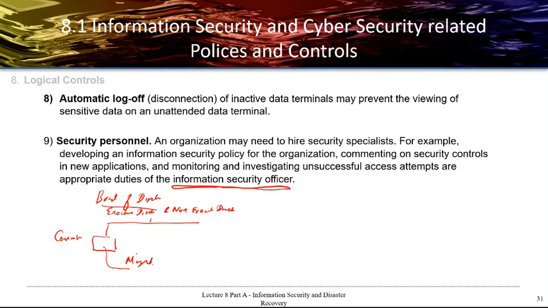So this CISO can be double-hatted by the transformation officer, but then again there is a conflict of interest because the CIO reports to him. So ideally, as you correctly said, he should be an independent person reporting directly to the risk committee or board committees. But sometimes I have seen, with the explanation given, the central bank has permitted it, given that they will have certain controls, I suppose.